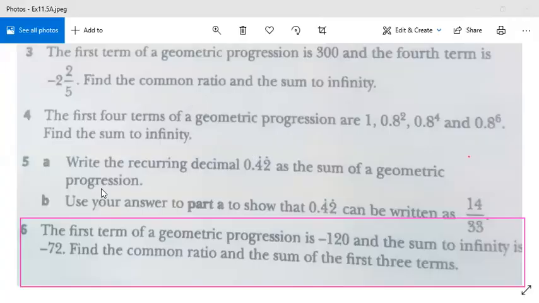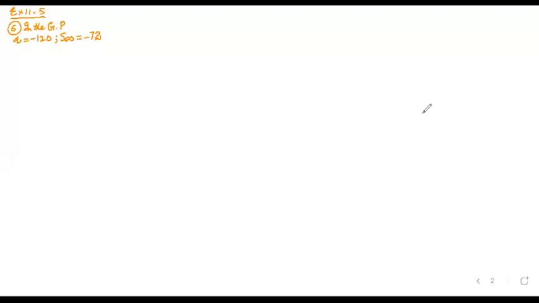In question number 6, given that the first term of a geometric progression is minus 120 and the sum to infinity is minus 72, find the common ratio and the sum of the first three terms. So in the GP, we are given the first term as minus 120 and the sum to infinity as minus 72.